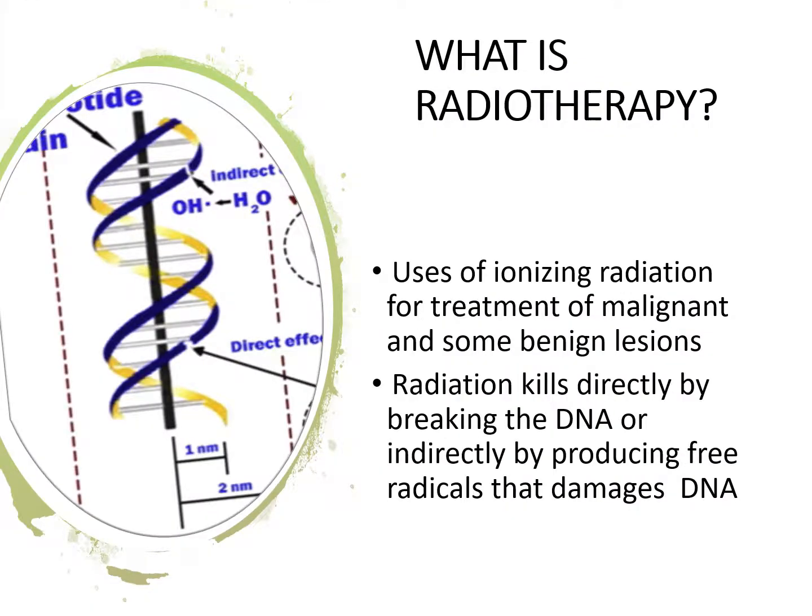So, what is radiation therapy, you may ask? This is essentially the use of ionizing radiation to kill cancer cells or to treat even some benign lesions. And what radiotherapy does is that it breaks the DNA of cells.